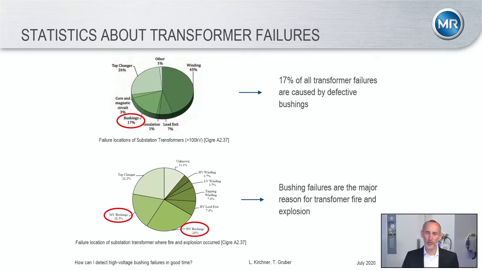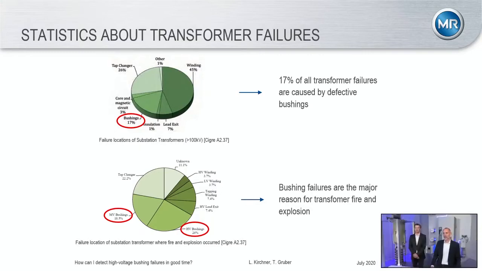The bushing itself is not a very expensive device on your transformer, but it can cause very high costs. And for that reason, it might be recommended to invest in a bushing monitoring system. And Toby would tell you more details about our MSENSE BM.